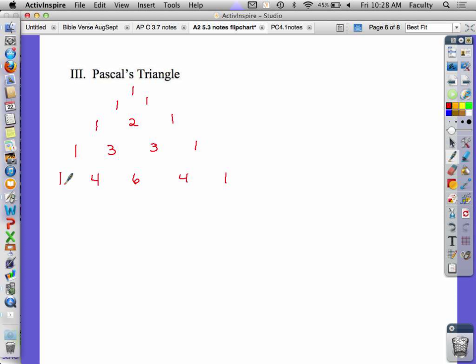You begin with a 1, 1 plus 3 is 4, 3 plus 3 is 6, 3 plus 1 is 4, and you end in a 1. What would be the next row? 1, 5, 10, 10, 5, 1. Okay, what's the next row? 1, 6, 15, 20.